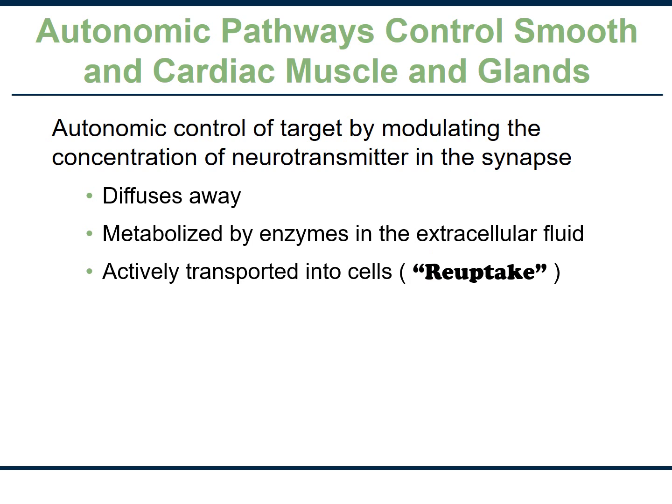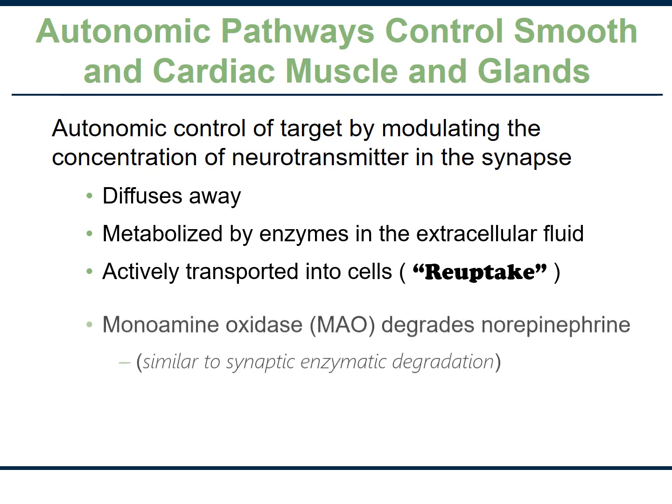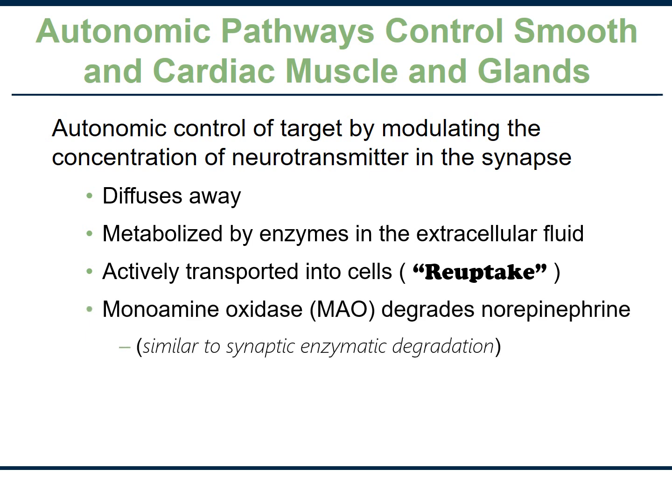Also, and this is one that I'm going to include just a little bit of an extension, sometimes, like in the case of norepinephrine, what happens is we will reuptake the norepinephrine, but then we will degrade it using an enzyme known as monoamine oxidase. It's similar to synaptic enzymatic degradation, only it's occurring inside the cells following reuptake.